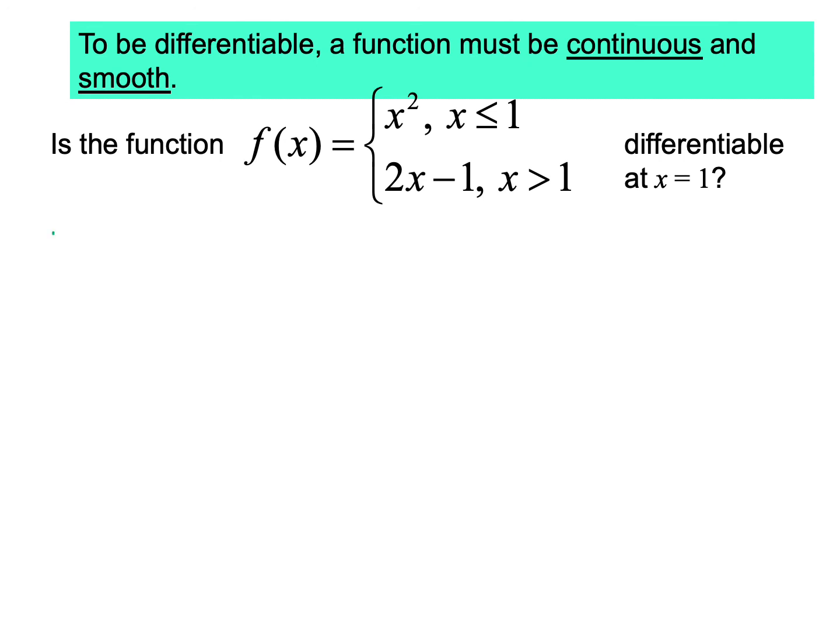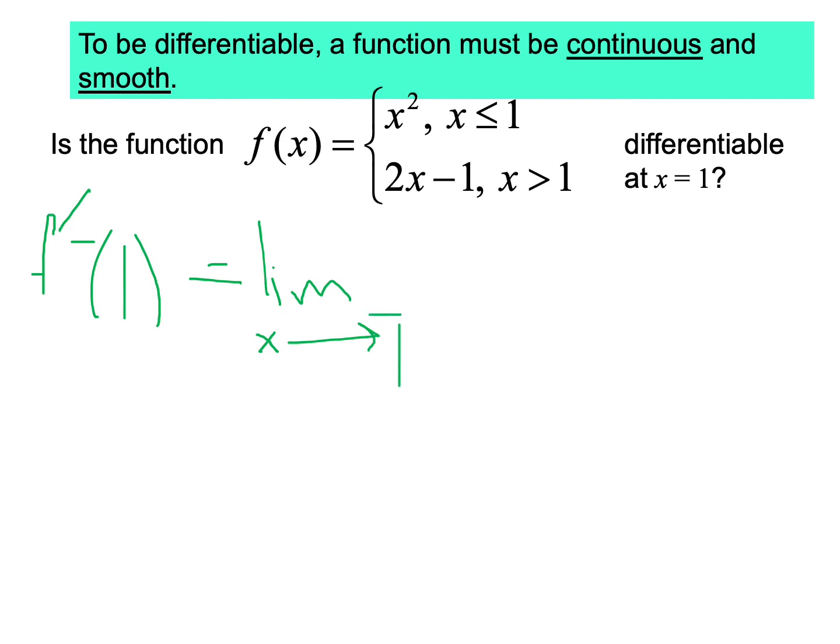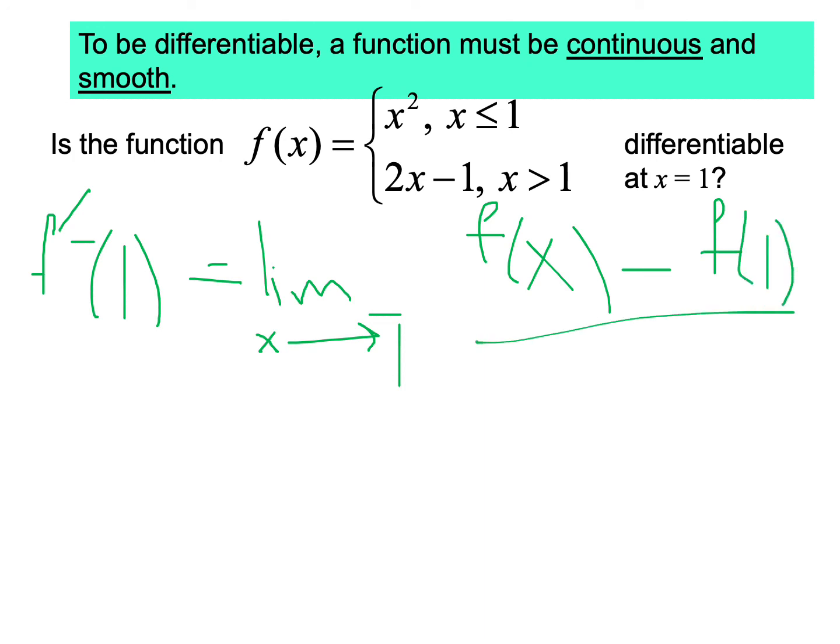The derivative from the left at 1: I need to use the limit as x approaches 1 from the left of f of x minus f of a over x minus a. So f of x minus f of 1 over x minus 1. This is the definition of the derivative.